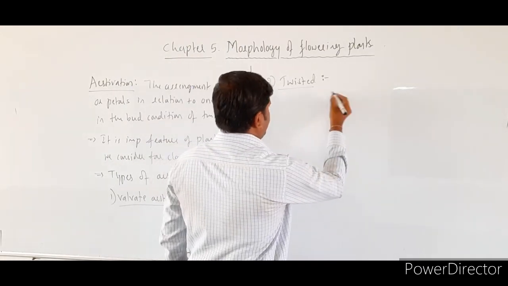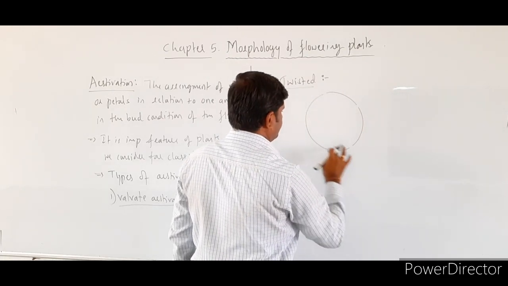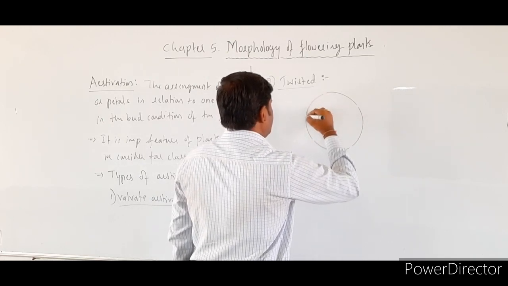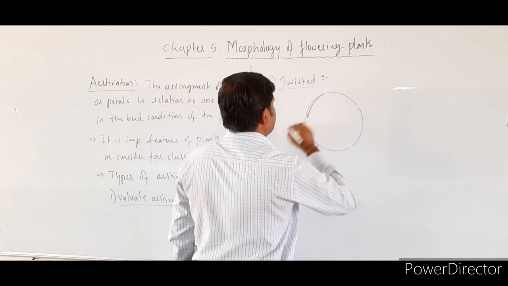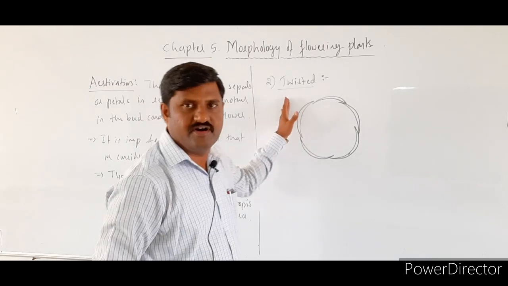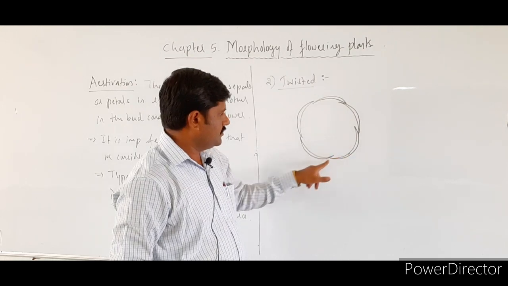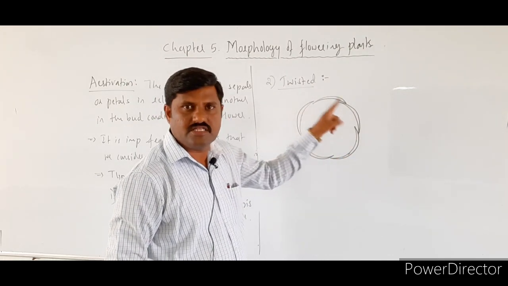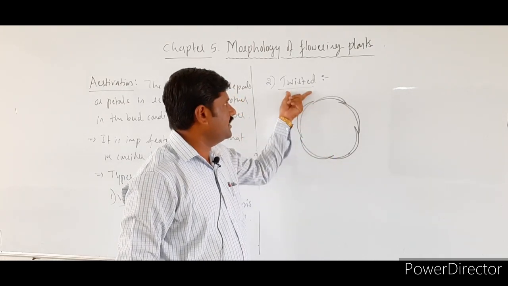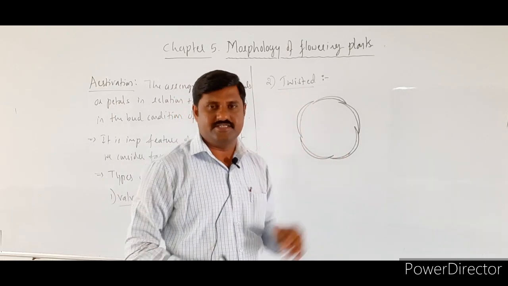I shall draw an example over here. See here, these are the sepals. It's twisted type of estivation, in which all the sepals or the petals overlap on each other. Then the condition is known as what? Twisted estivation, right? So this is twisted estivation.